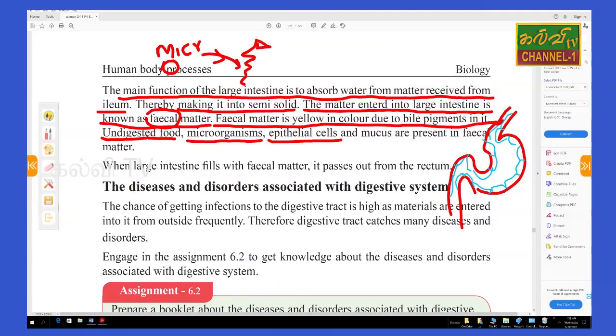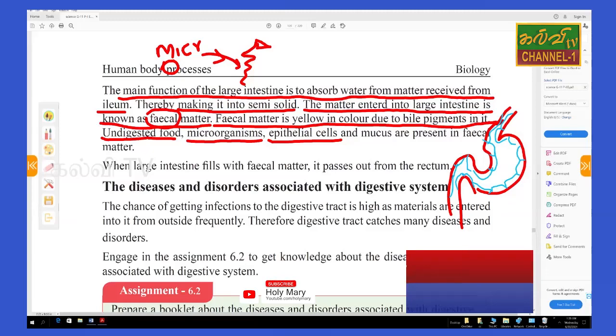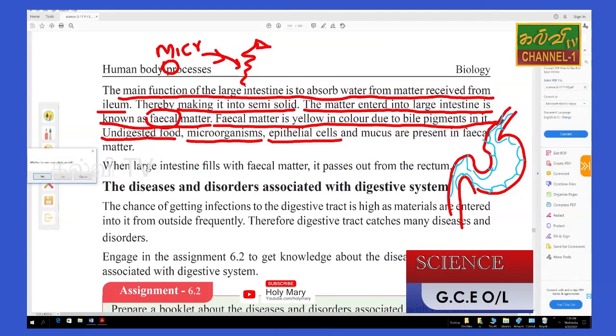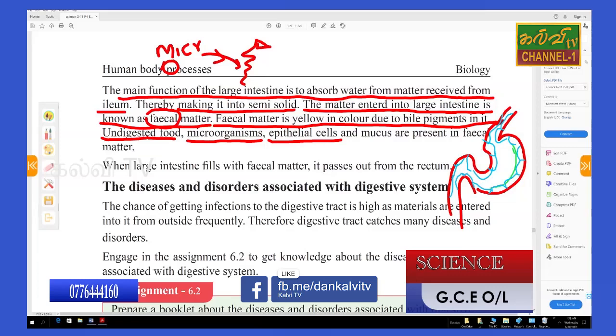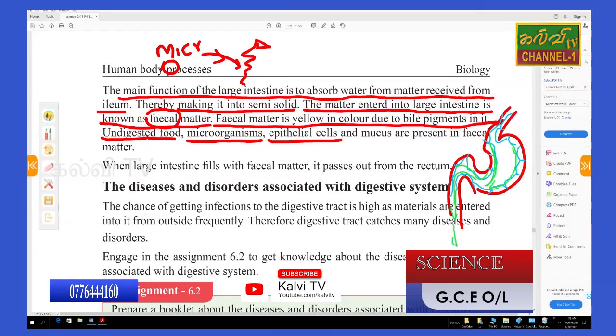So when food moves through the digestive system, what happened? A small amount of epithelium cells can also move.